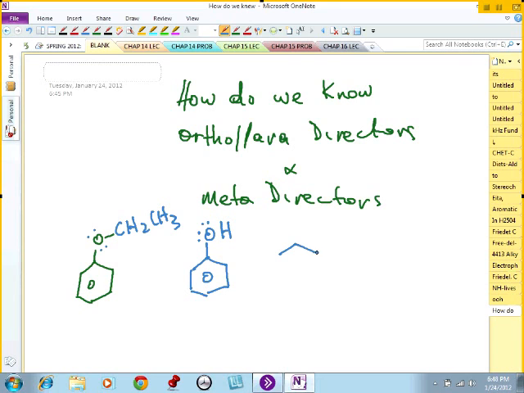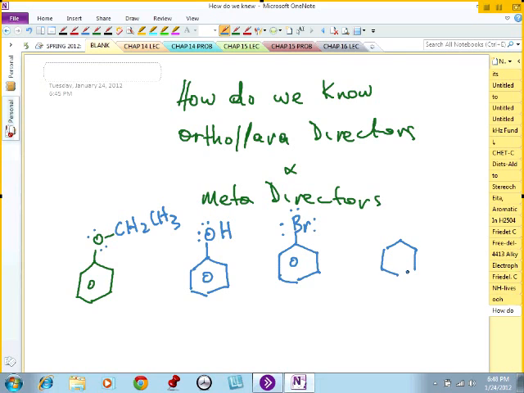Let's take a look at the halogens. Look at the halogens: non-bonding pairs of electrons.